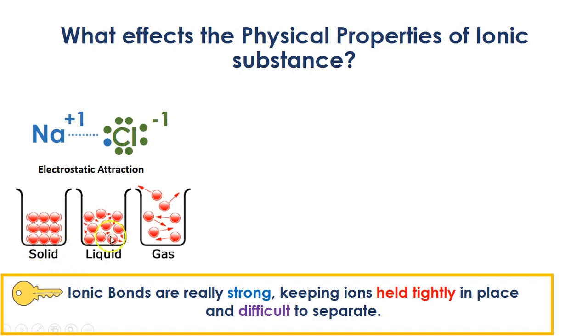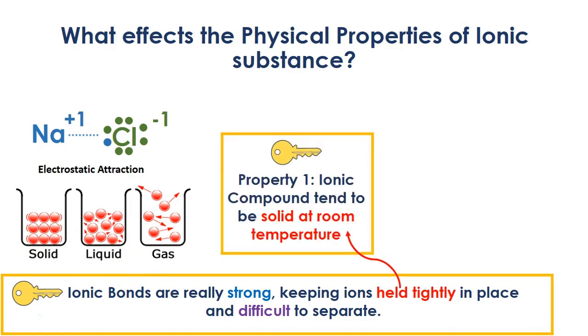Think about the 3 states of matter: solid, liquid, and gas. This property of ionic bonds can relate to some physical properties of ionic substances. Because they like to keep these ions very tightly in place, the first property is that ionic compounds tend to always be solid at room temperature, because it's really hard to break away these two ions once they are attracted by the ionic bond.